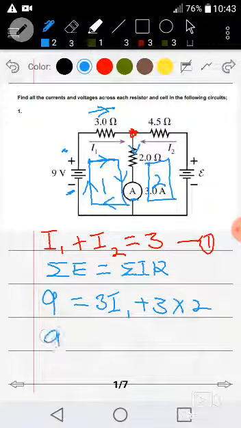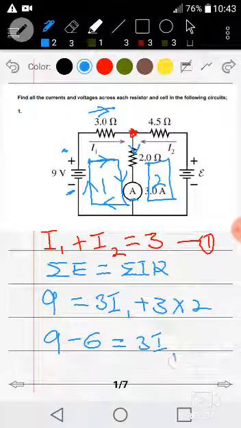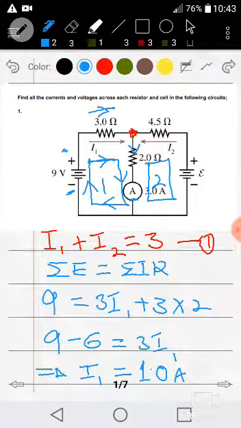That means we have 9 minus 6 being equal to 3I1, and that implies that our I1 becomes 1.0 amperes after calculation.